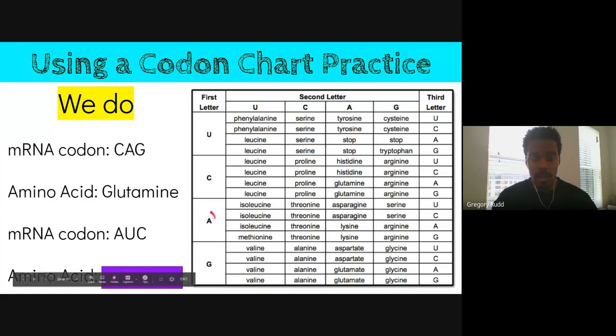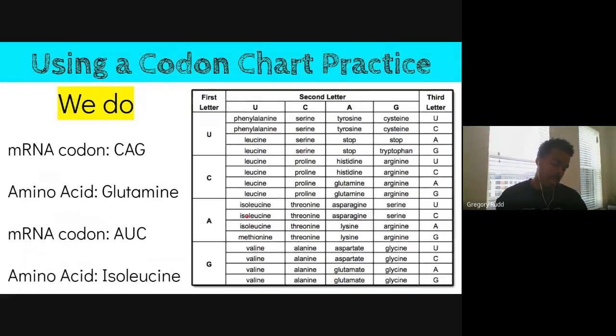A is my first letter, so I'm looking in this general section. Everything else I can ignore. My second letter is U, so now I'm looking in an even smaller section. It could be either isoleucine or methionine. But C is my third letter, which means I've got to look right here. It's isoleucine. Good job.